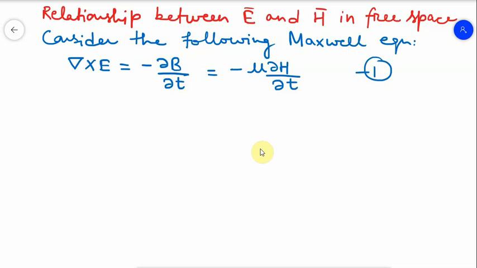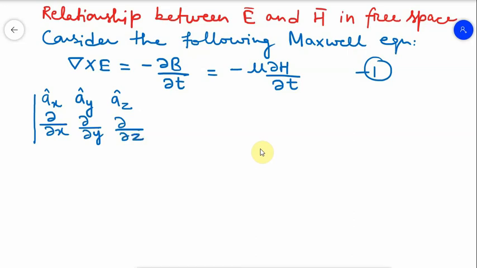Now if we expand this, see this is a del operator and this is a cross product. So if two vectors are in cross product, we can obviously expand it in the form of a determinant. The del operator and E both have components along ax, ay and az. The del operator components can be written as del x, del y and del z, and the components of E are Ex, Ey and Ez respectively.